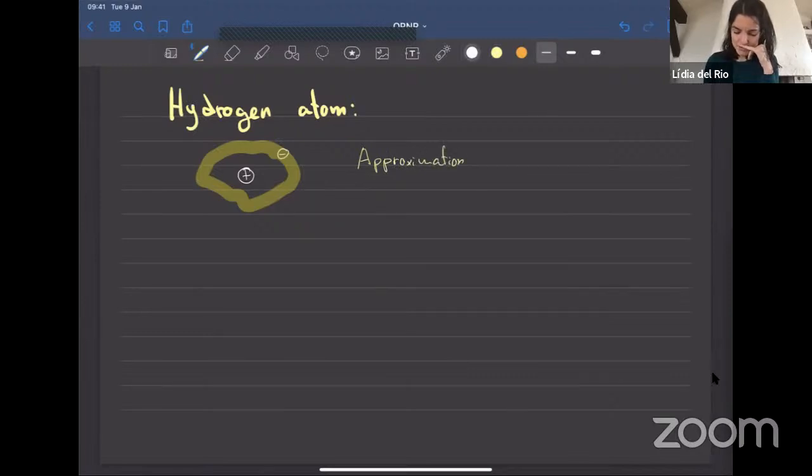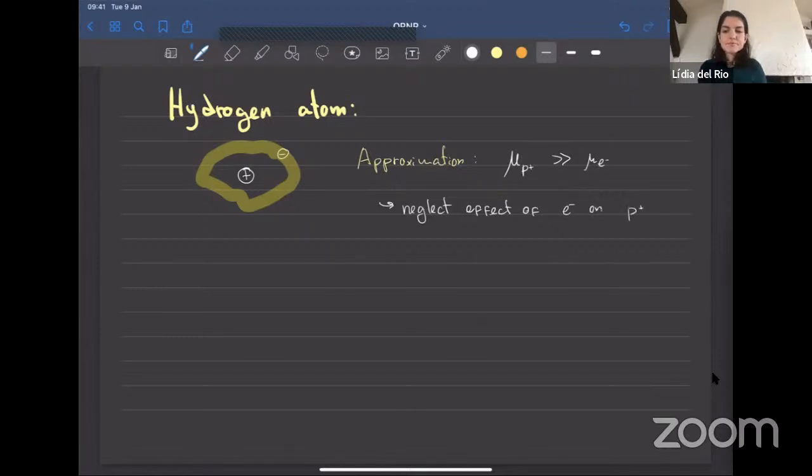So because the mass of this proton is much, much larger than the mass of the electron, then we think of the proton as something that is sitting there as just part of the system. So we neglect the effect of the electron on the proton.